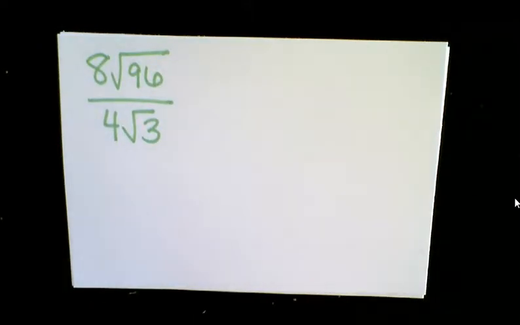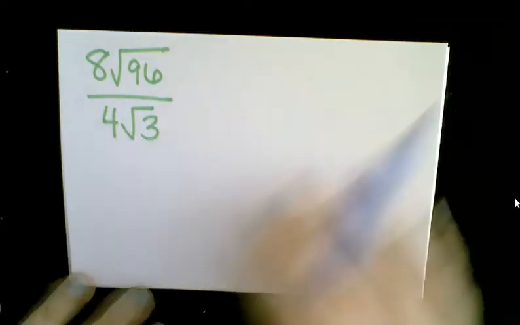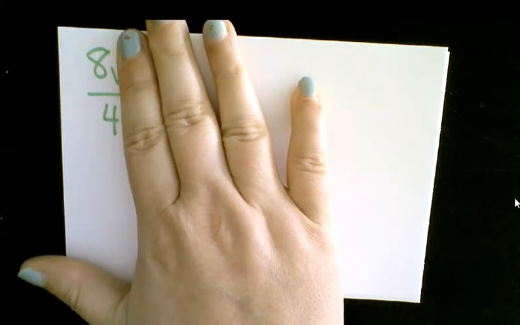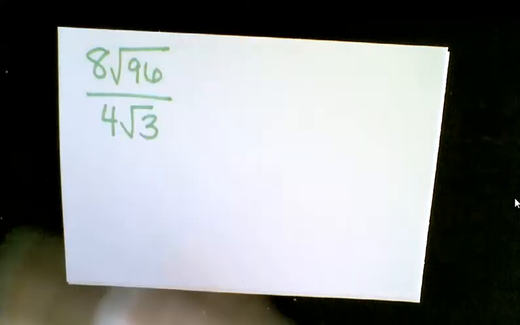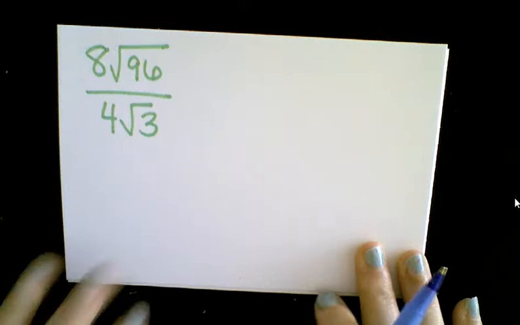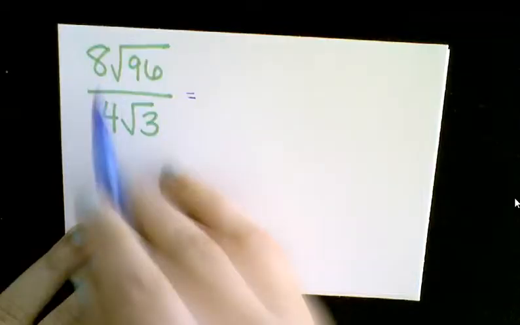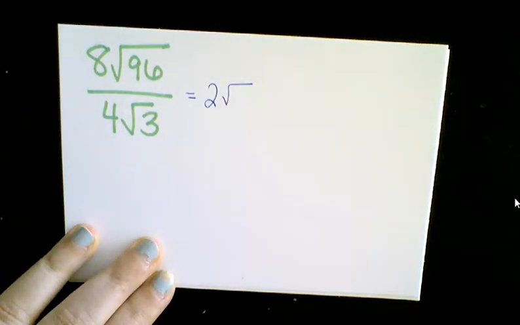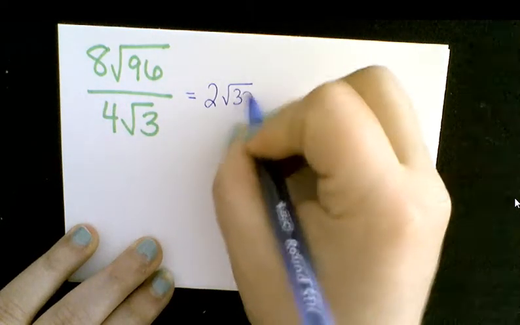In this example, both the numerator and denominator have a coefficient. So we can think of this as two separate problems. We can divide the coefficients on the outside if they are divisible, and then we can divide the radical part. So 8 divided by 4 is 2. And 96 divided by 3 is 32.